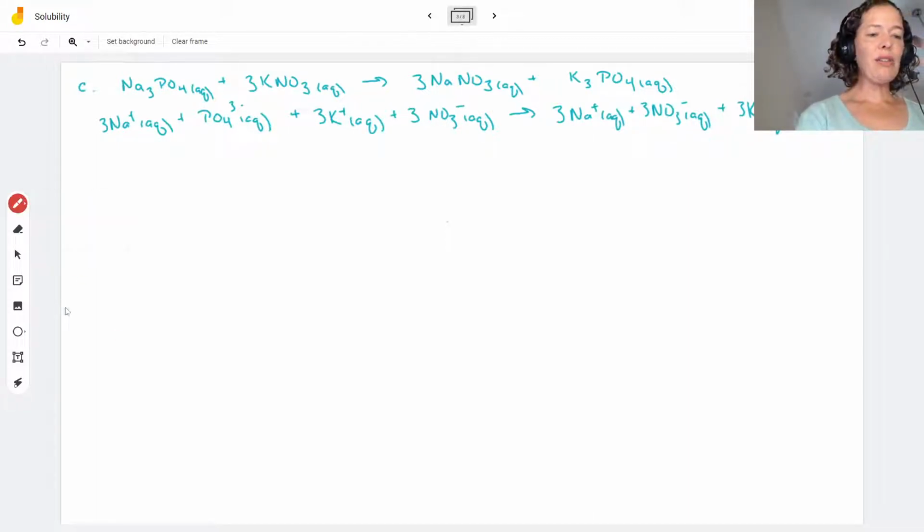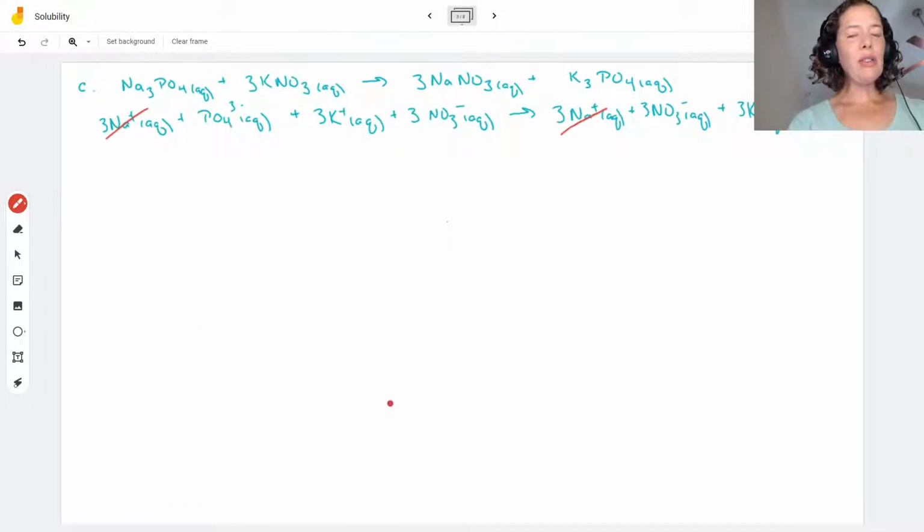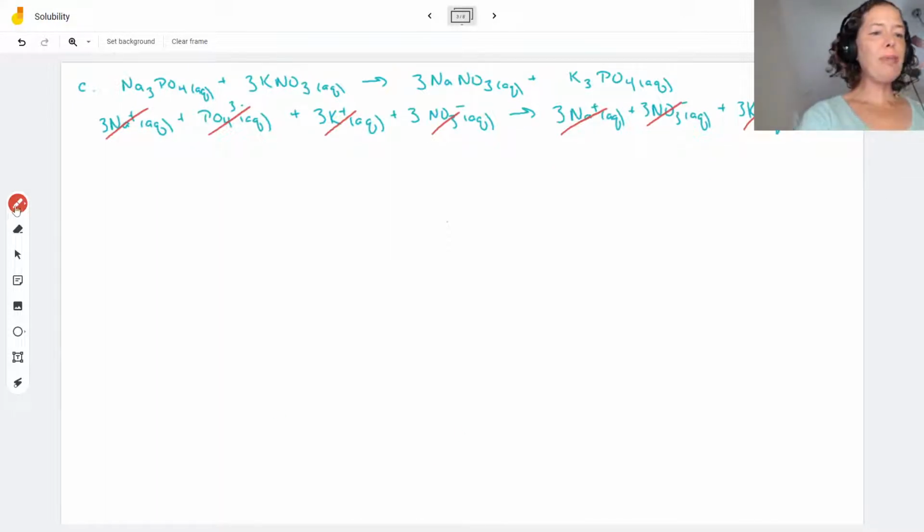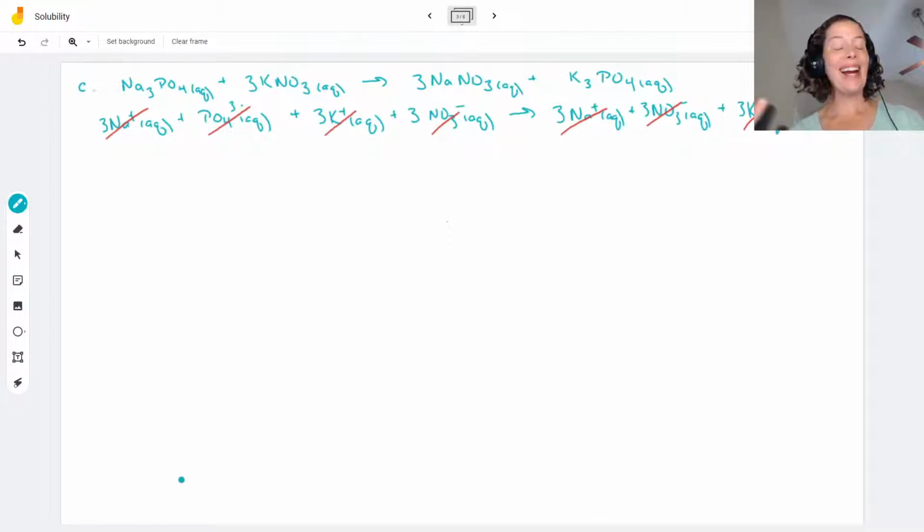And now let's get rid of spectator ions. All right, so I have 3 sodium ions on both sides, so I'll get rid of that. I have 1 potassium, okay. Phosphate, 3 potassium, yes, and 3 nitrate. Okay, so you're probably wondering at this point, you've just crossed everything out. So what do you write for your net ionic equation?